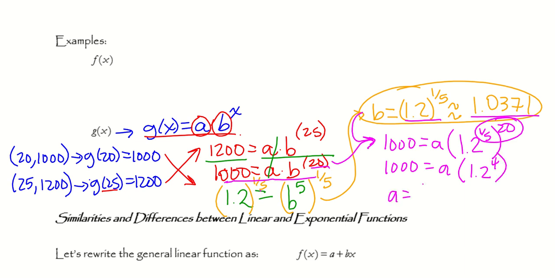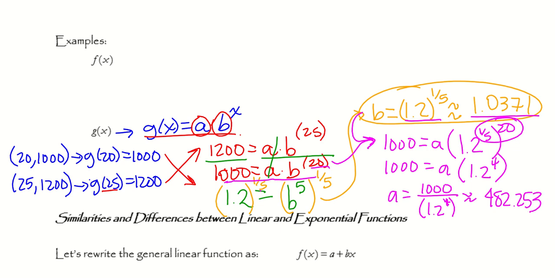So a equals 1000 over 1.2 to the 4th, which if I evaluate that on my calculator, for a I get about 482.253.